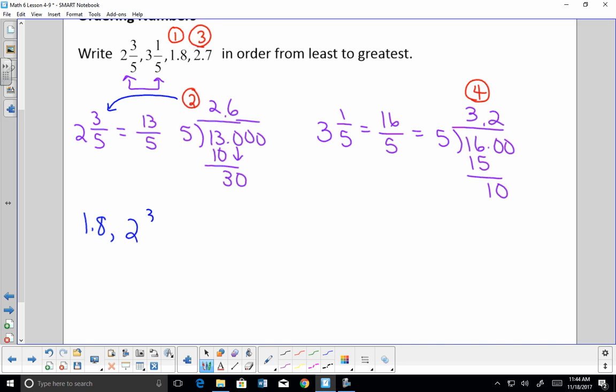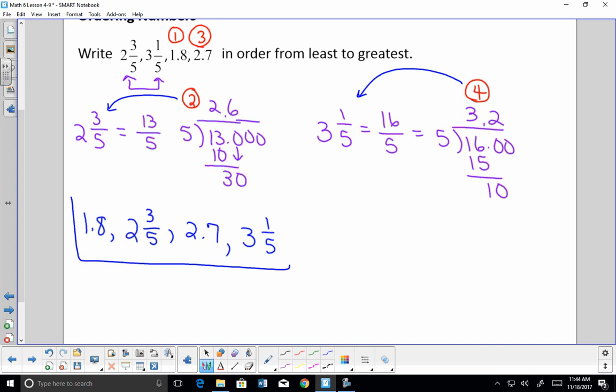The third number is 2.7 as a decimal, and the fourth number is 3.2, but its original form was 3 and 1/5. So in order from least to greatest, the numbers would go 1.8, 2 and 3/5, 2.7, 3 and 1/5. And that's converting fractions to decimals and decimals to fractions.